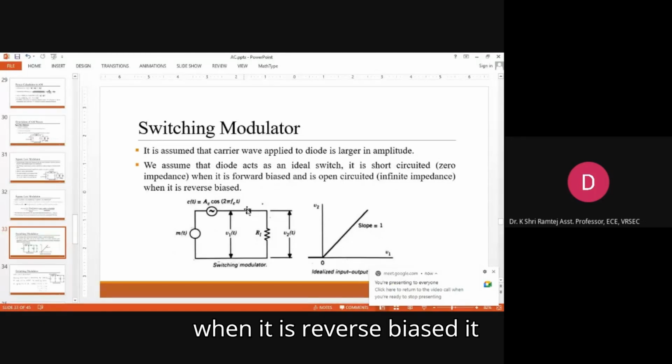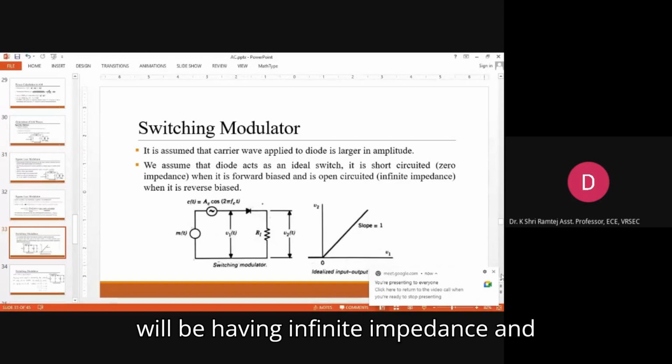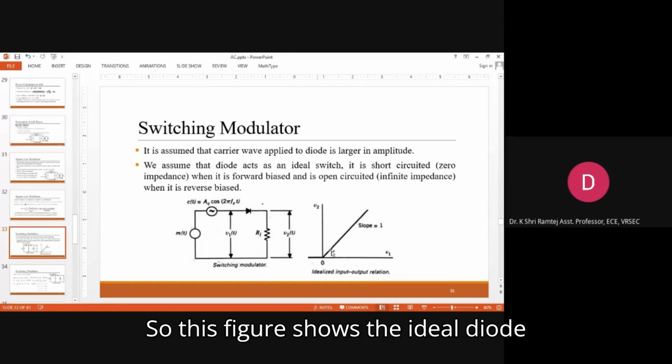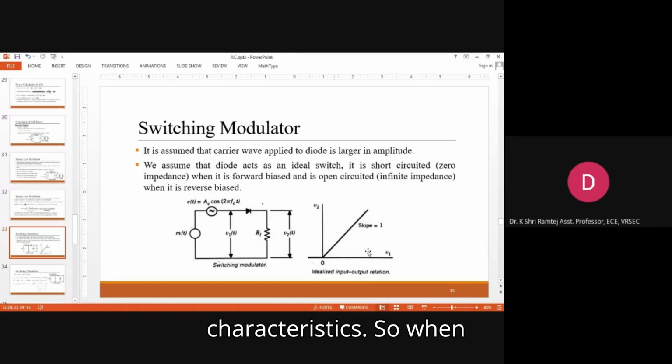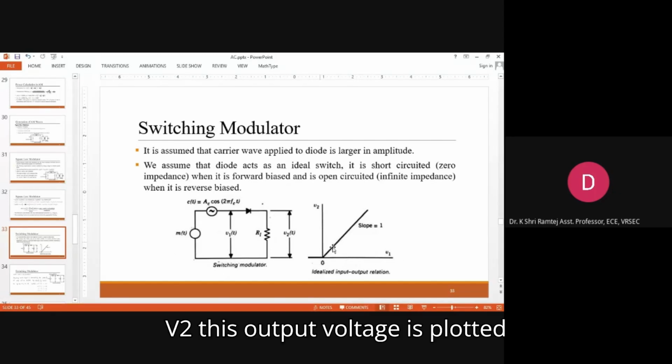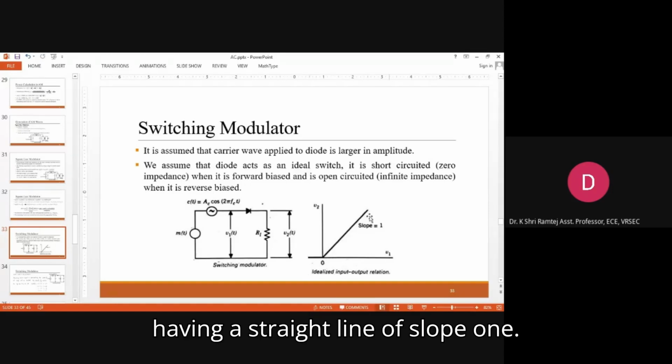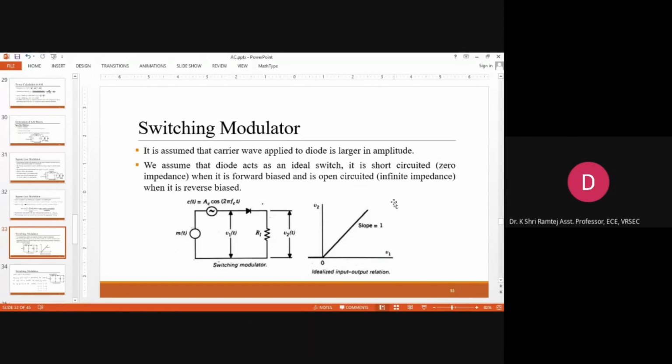And when it is reverse biased, it will have infinite impedance and hence act as an open circuit. This figure shows the ideal diode characteristics. When V2, the output voltage, is plotted against the input voltage, we get a straight line of slope 1.